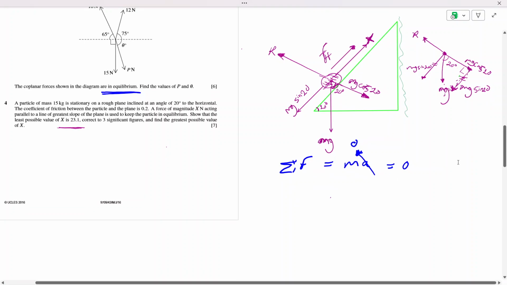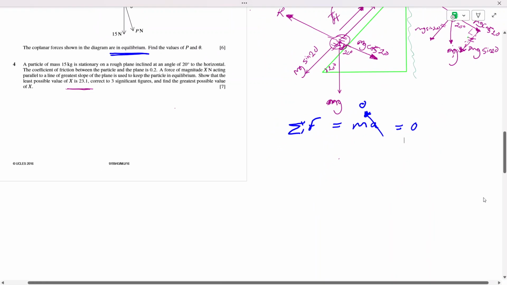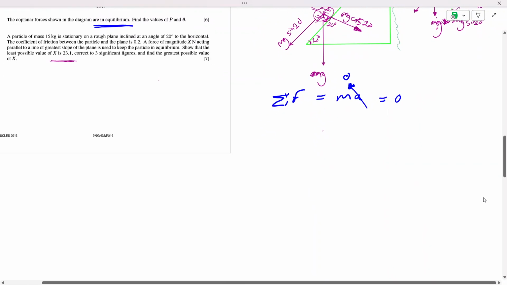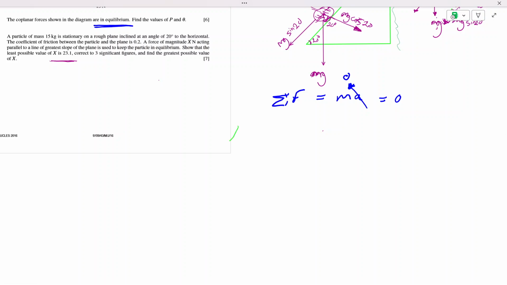So for the least value of x, this question, least x, friction and x up the plane, like that. Okay, so I'm going to use the formula, Newton's second law of motion.